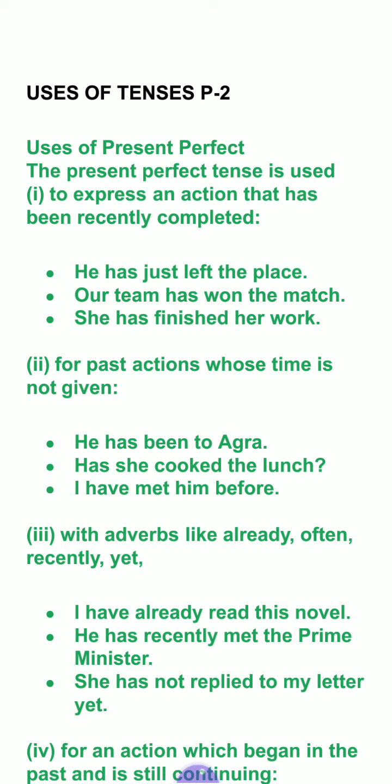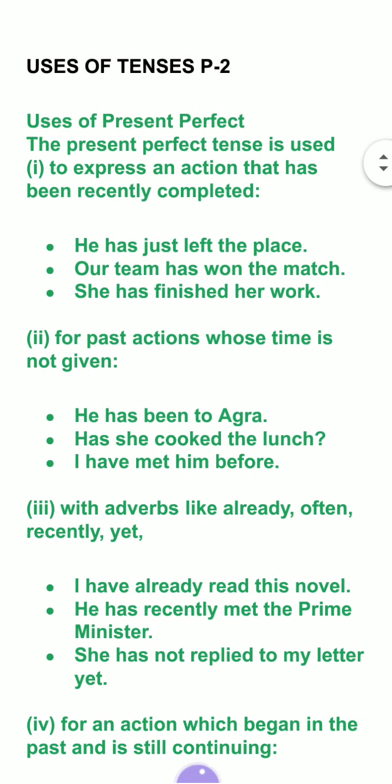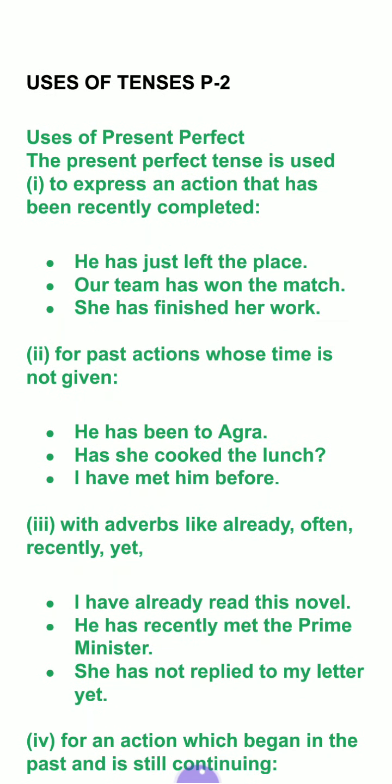in this tense. The structure you are familiar with: present perfect tense, subject plus has or have plus V3, means third form of the verb, and then object. The question is where has is used and where have is used.